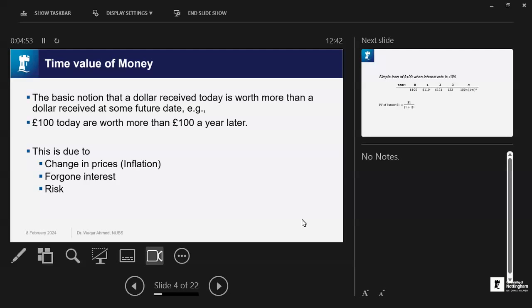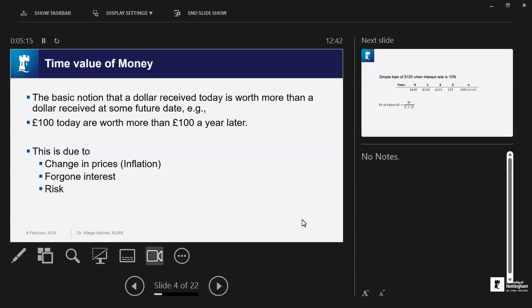This instrument pays this cash flow at time one. If this is the cash flow at time one, what is its value in today's terms? Because this is a cash flow at a time into the future.